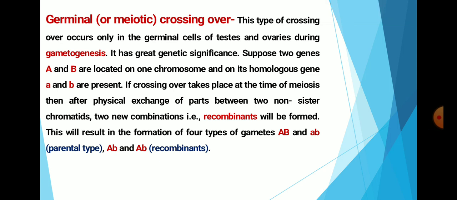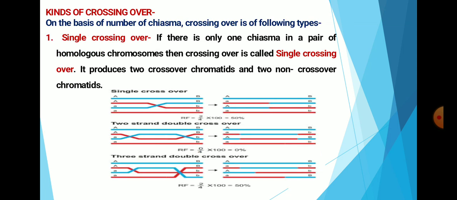This will result in the formation of four types of gametes: two parental, capital A capital B and small a small b. These are parental types, and the new combinations, that is recombinants, are capital A small b and small a capital B. So four types of gametes are formed here.